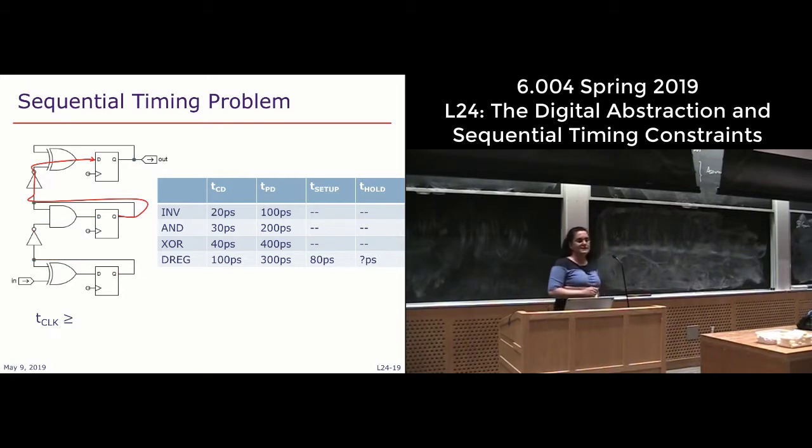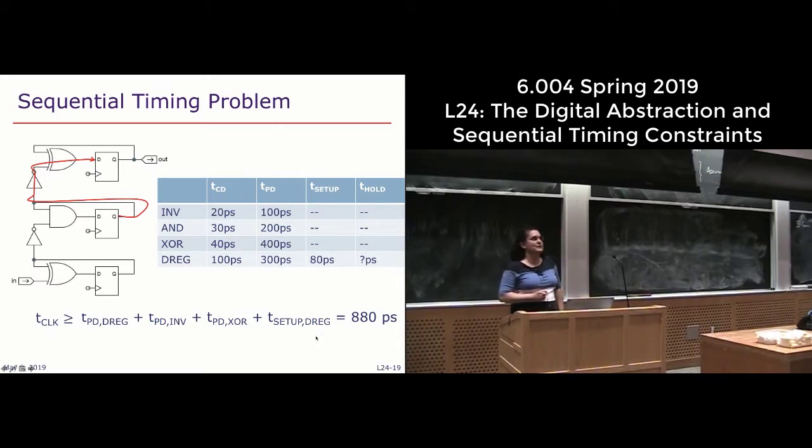This upper path is going to control my clock period, and specifically, my clock period has to be larger than the propagation delay of this register, plus the propagation delay of this inverter, plus the propagation delay of this exclusive OR gate, plus the setup time of this register. In this particular example, that happens to be 880 picoseconds.